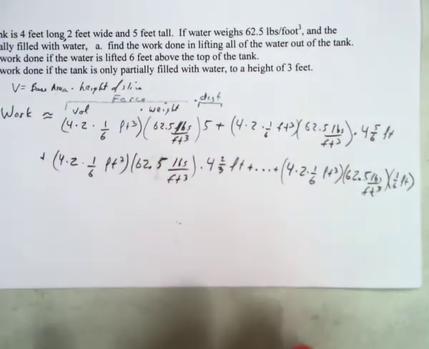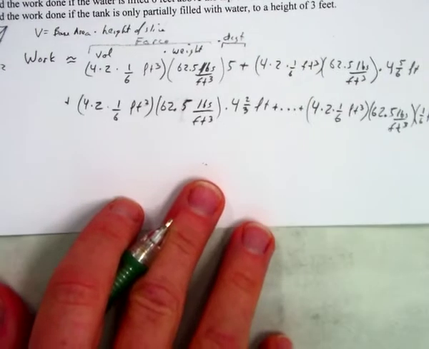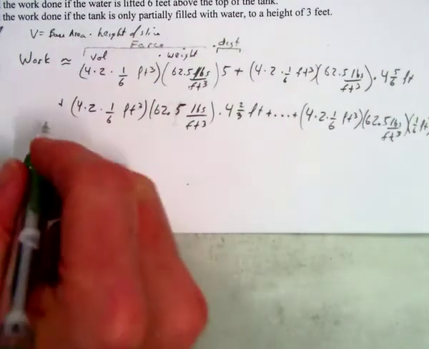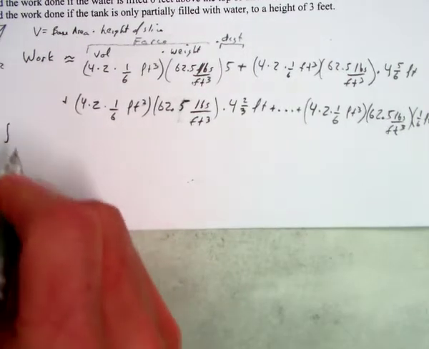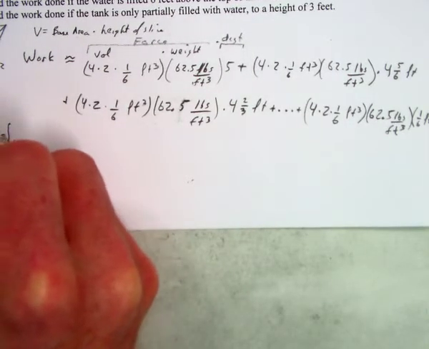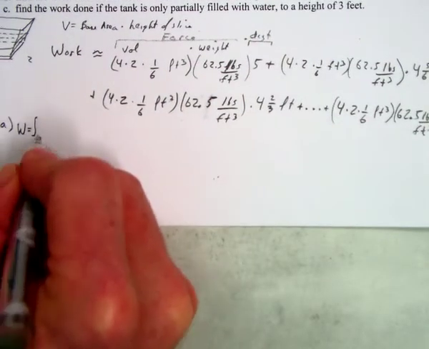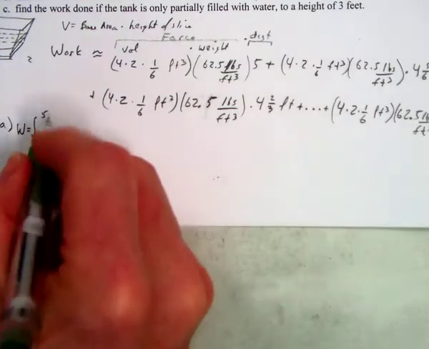What are we going to do? We're going to let the norm of the slices, that thickness that we're taking, go to 0. And we will get the work as the integral from 0 to 5. Now why 0 to 5? Because that's the amount of water that we have in there.